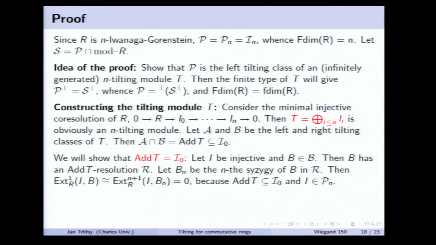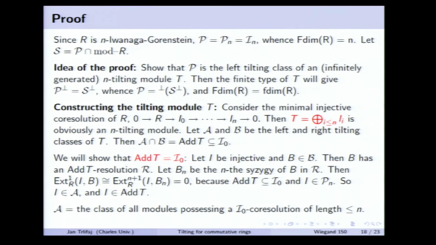And this you can do by dimension shifting because RT is in the injective. So you have a co-resolution. And then this must be 0 because the injective has bounded projective dimension by n. So this is 0. So we have proved that any injective lives in the left perp of B, and therefore the injective is in A, and therefore it's in RT.